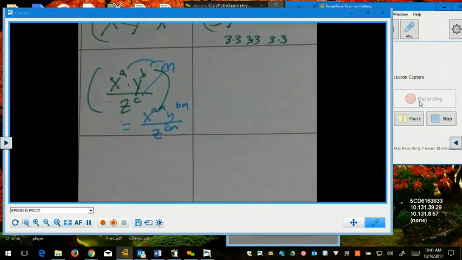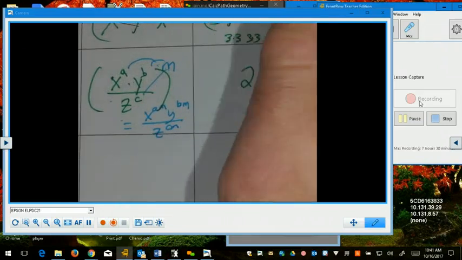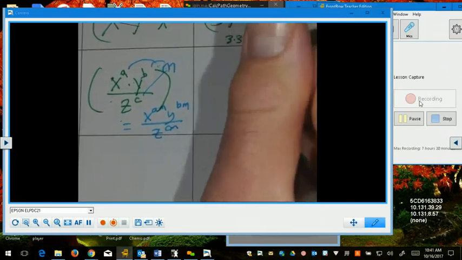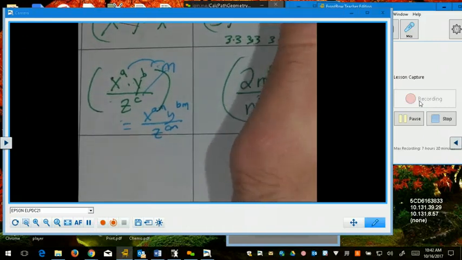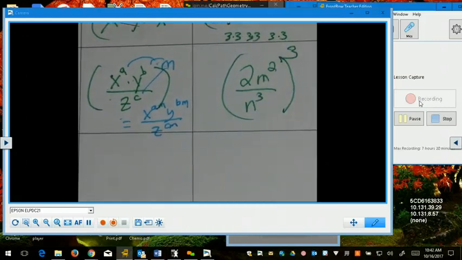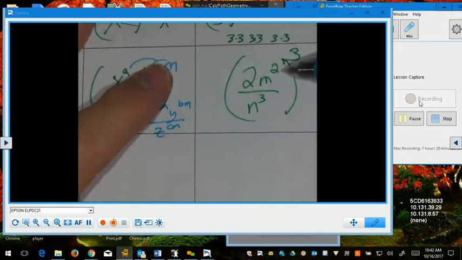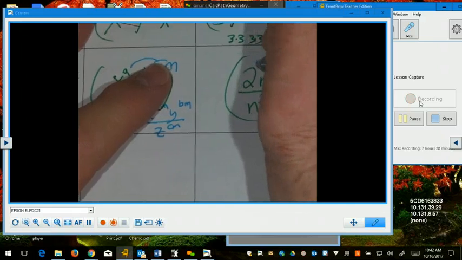So when I see an example or a problem like this, 2m squared over n cubed, and I'm raising it to the 3rd power, what are the 3 bases in the parentheses? The bases are 2, m, and n. What are the exponents? 2 and 3, and this one is 1.